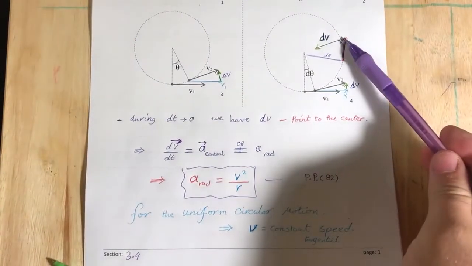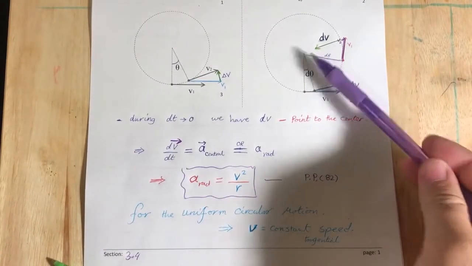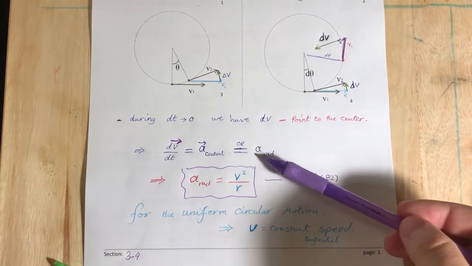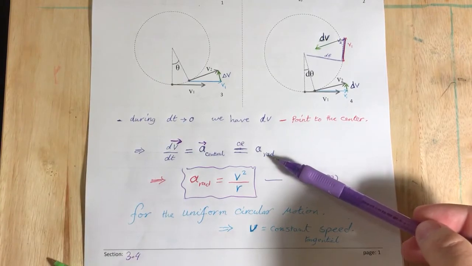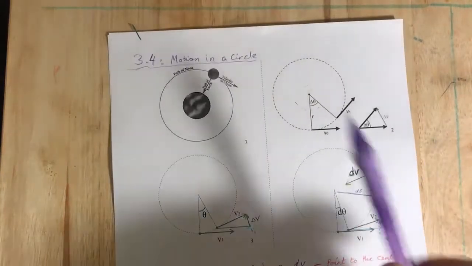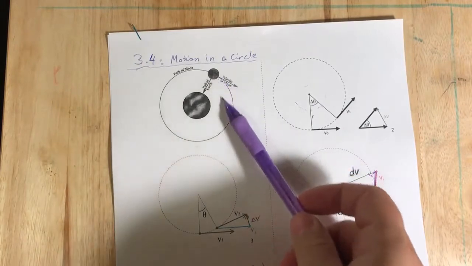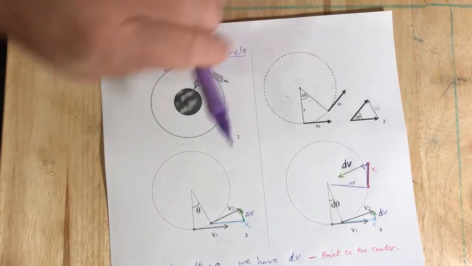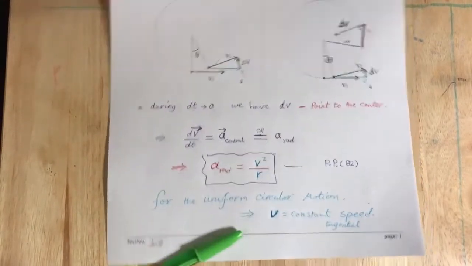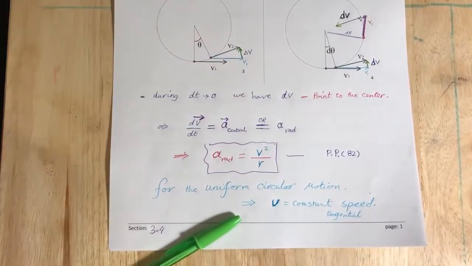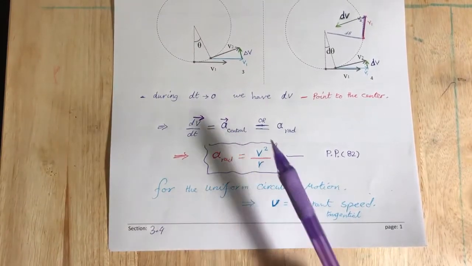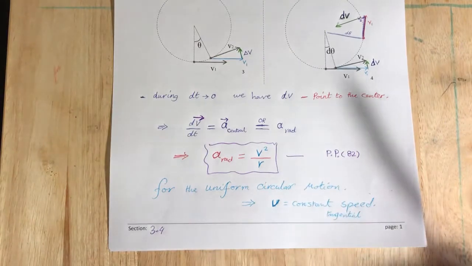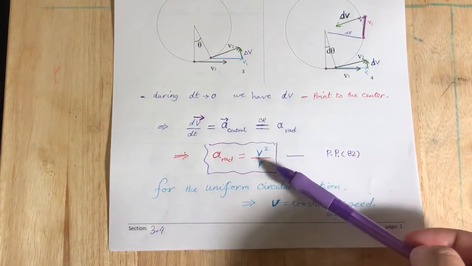This acceleration toward the center of rotation is called centripetal or radial. So when the moon rotates around the earth, there is an acceleration toward the center of rotation. This radial acceleration is equal to, we can derive this formula, but it is easy, v squared over r.